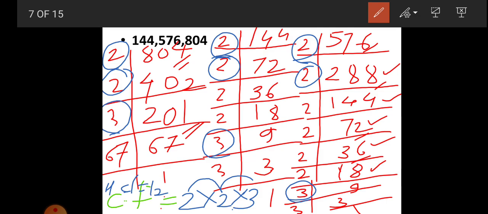Got it, students? How to take out the common factors and multiply these common factors? So we take out the highest common factor. When we multiply the common factors, then we get the highest common factor 12. 2 twos are 4, 4 threes are 12.